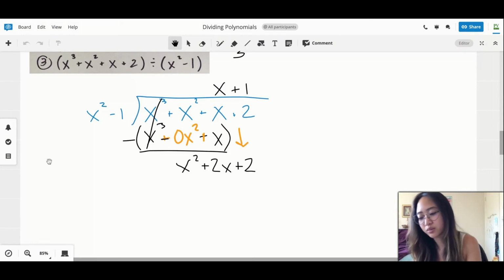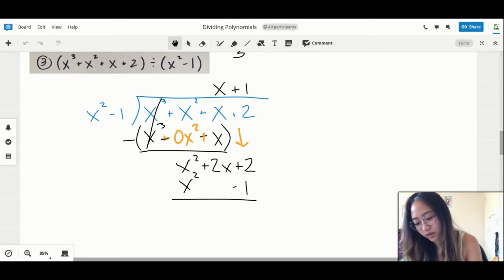Same process. Let's multiply 1 times x squared gives us x squared, and then line it up with its respective parts. We do have another placeholder that we need to put, 0x. Parentheses, subtract, these are gone, then we have 2x, then we have 2x plus 3.